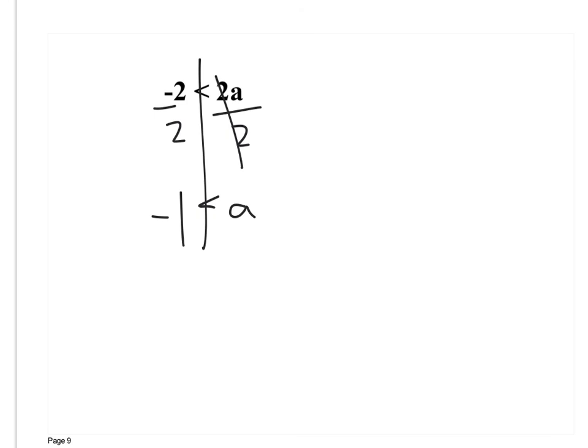Here's why it's wrong. My rule said that if I times or divide by a negative number, then I flip my sign. Is 2 a negative number? No. The number I divided by, was that a negative number? No. The number I take from one side and move to the other, I only change the sign if it's negative.